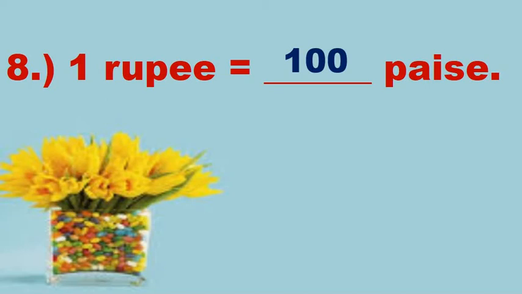Speak up. 1 rupee is equal to 100 paisa. One more time. 1 rupee is equal to 100 paisa. My dear students, this was the fill in the blanks from chapter number 10, Money.